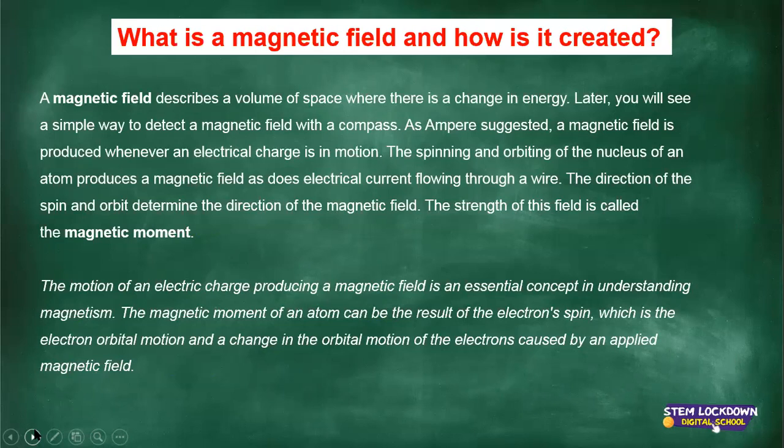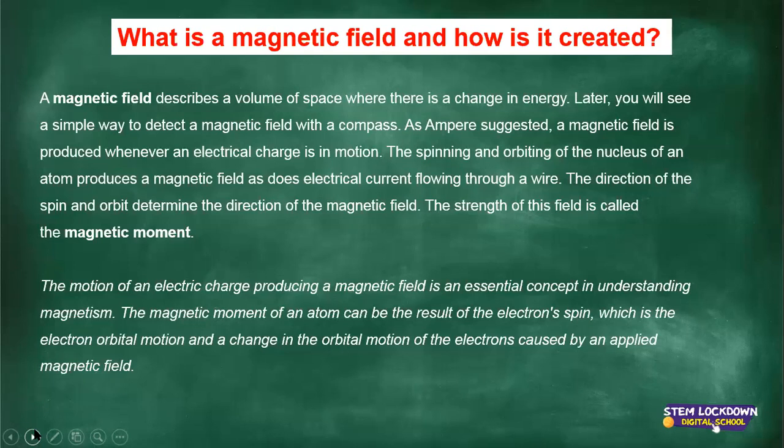Now, Ampere suggested a magnetic field is produced whenever an electric charge is in motion. Basically, what that means is a field is created when electrical charges move. In motion means that it moves around. So the spinning and the orbit of the nucleus of an atom produces a magnetic field, as does the electric current flowing through it.